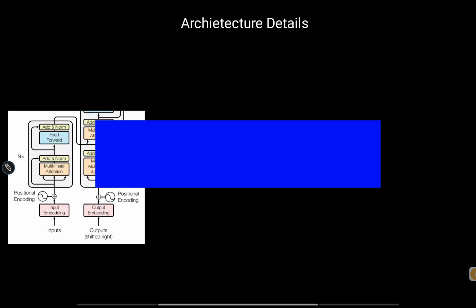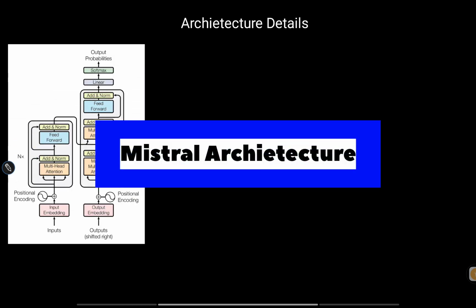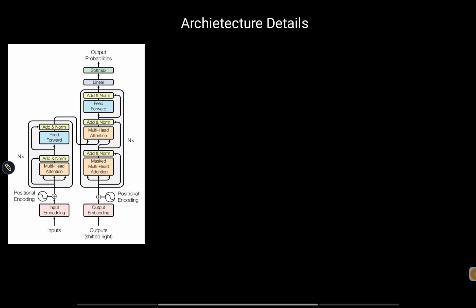With that, let's talk about the architecture of Mistral. We know this architecture very well. This is the attention mechanism that comes from the Attention Is All You Need paper. Inputs go in, then there is the input embedding which converts the inputs to embeddings, and then we add a positional encoding, and then we have the encoder part.